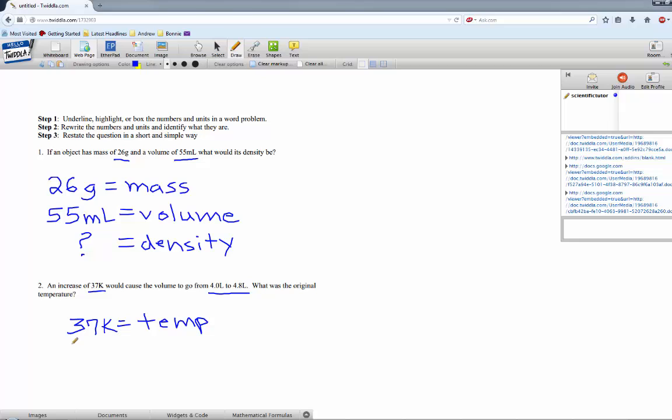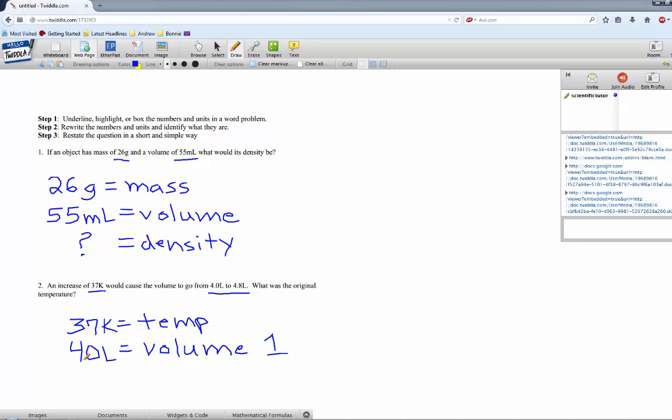And then I have 4.0 liters is my volume, and it's my first volume, so I call volume 1. And then I have 4.8 liters.